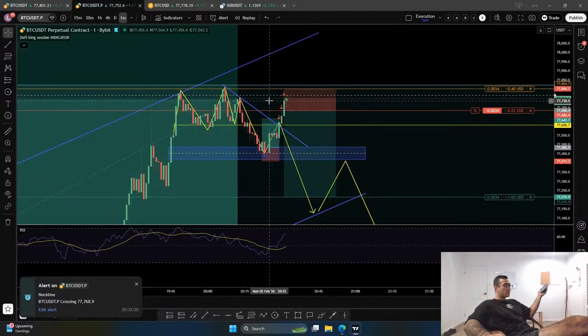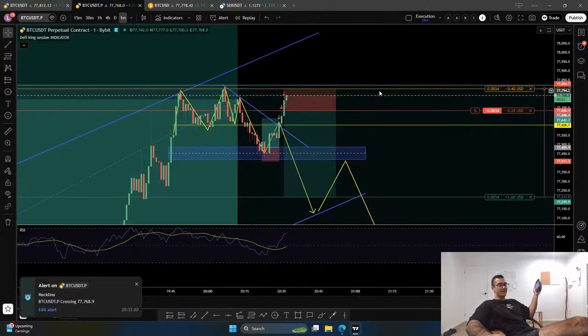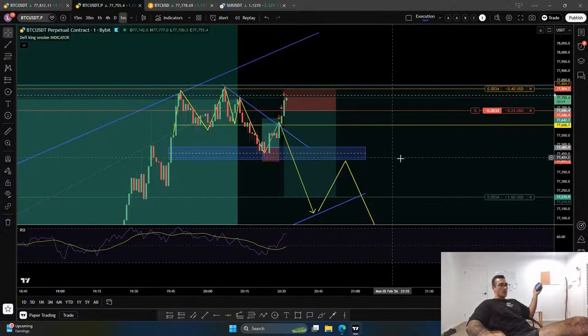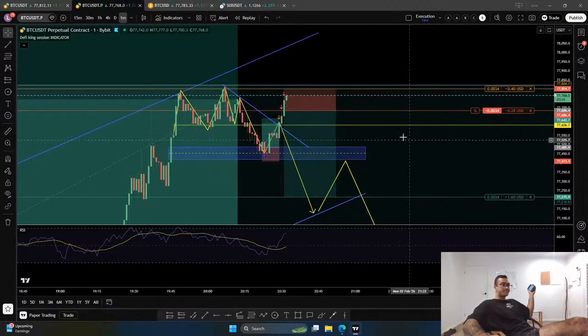So it didn't close above it, but it is making a higher high. And the more it makes a higher high, the more it's invalidating. Which is totally fine. It just means that it's invalid.